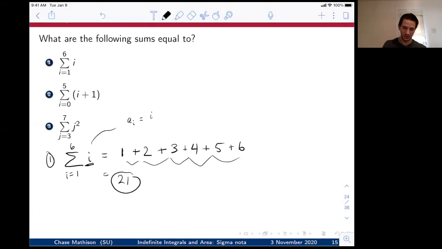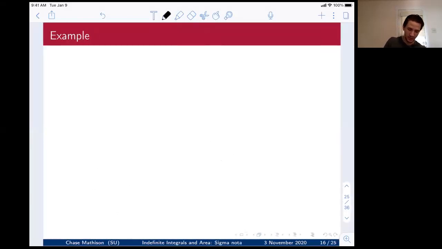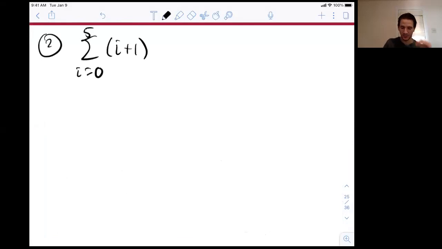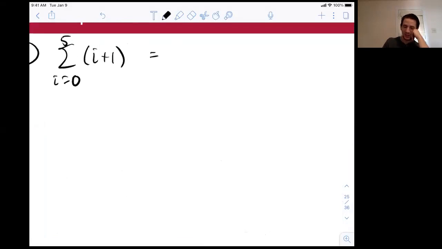For number 2, I'm looking at the sum, i goes from 0 to 5 of i plus 1. Well, first I start with i equals 0. When i is 0, i plus 1 is 1, plus.